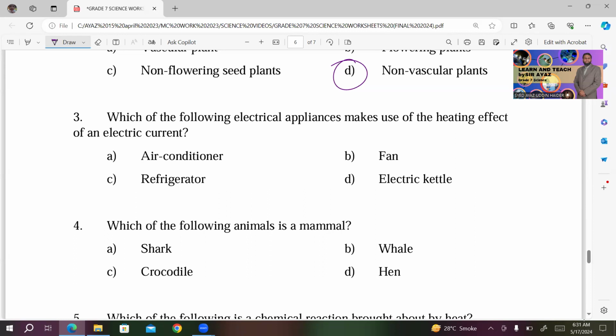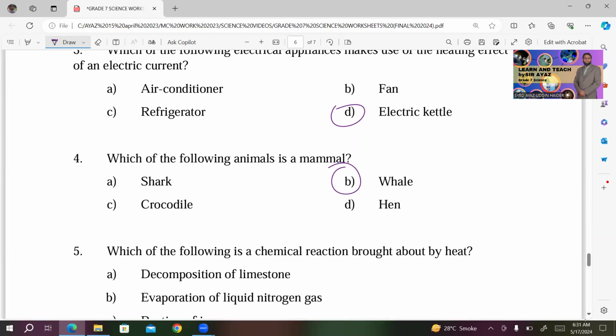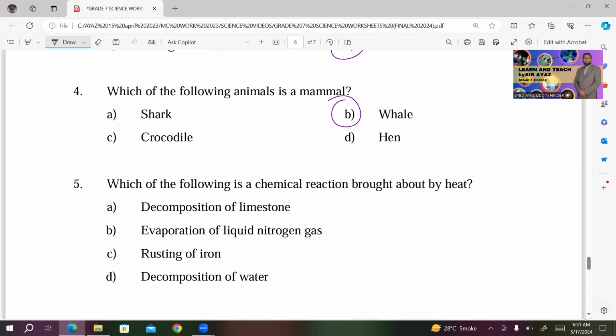Yeah, it's an electrical appliance which is making use of the heating effect of an electric current. So it must be D. Number 4, which of the following animals is a mammal? Shark, whale, crocodile, hen. Whale is mammal because it feeds its young with its milk.